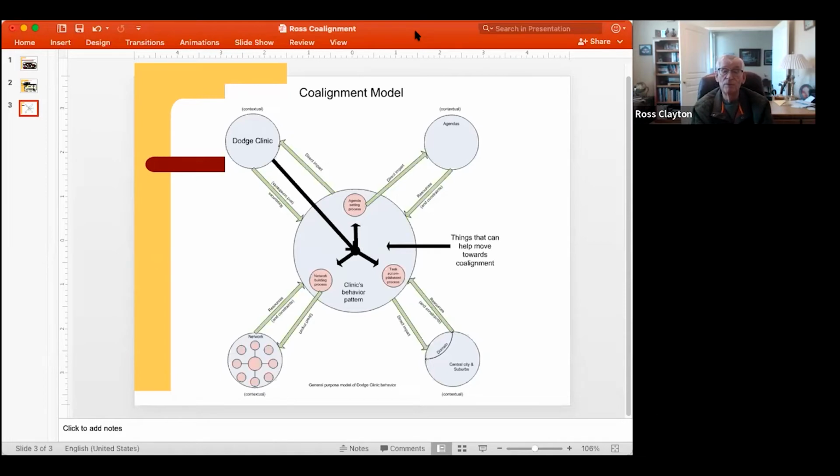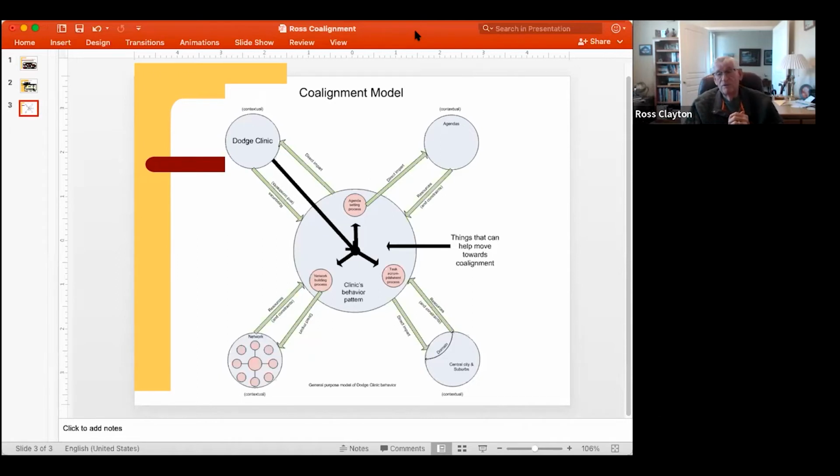So this co-alignment model is a derivative. It really comes from a very famous book by James Thompson, Organizations in Action. And Thompson's the one that essentially said co-alignment is the quintessential requirement of leaders. They must keep their organizations in co-alignment.